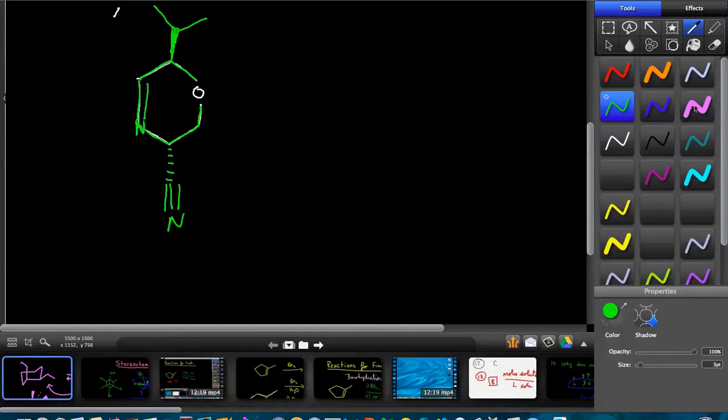So if you look at this closely, you should be able to identify 2 chiral carbons. And what I would like you to do is to find out what the configuration is at this carbon, what the configuration is at this carbon.